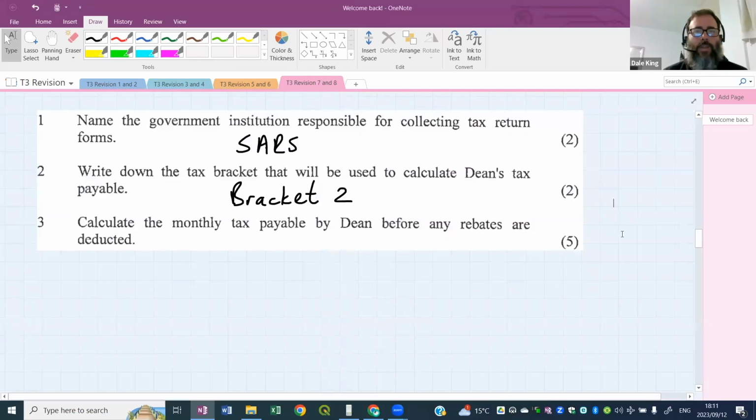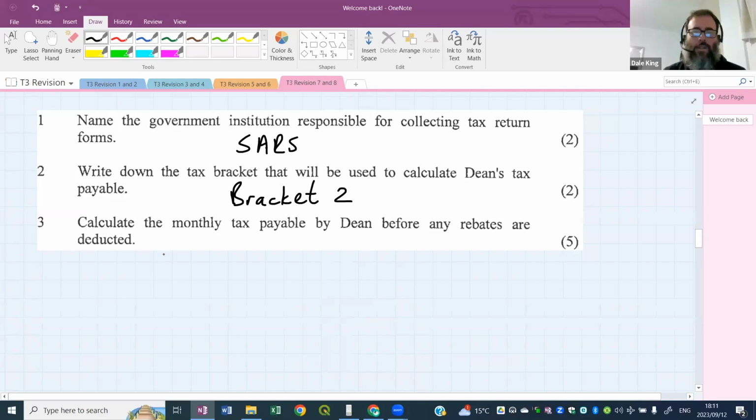Ben, the question was, what is a tax rebate? It's a threshold whereby it shows your ages, and according to your age, it gives you money. Yes. So SARS wants to give you some money back, depending on your age.